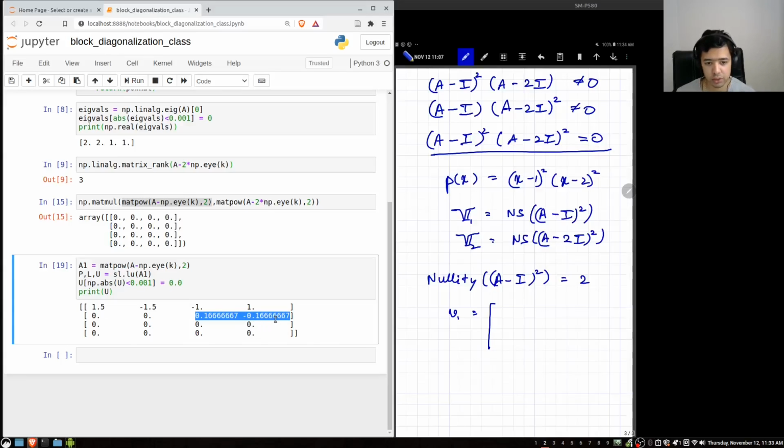So x3 should be equal to x4, and if I take this to be 1 1 1 1, then is this satisfied? So x3 plus x4 is equal to 0, so yes. So U times the all ones vector is equal to 0, right?